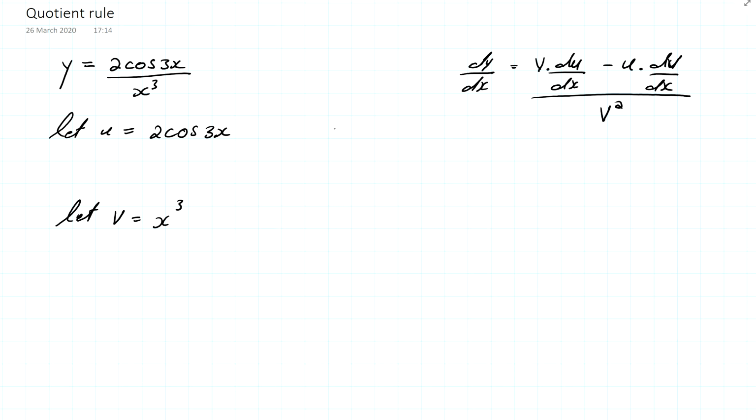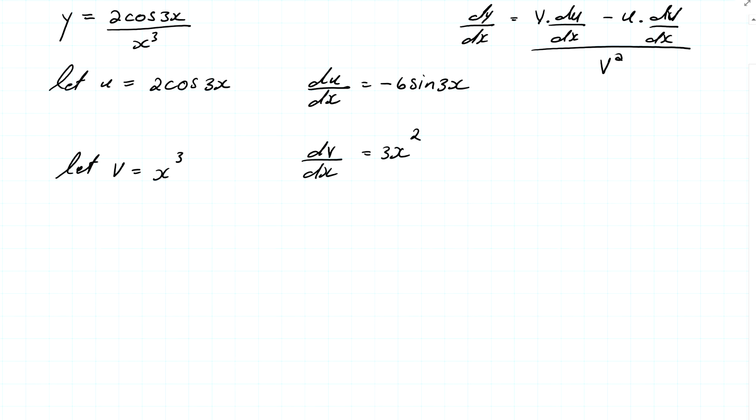And then we just take the derivative of both u and v, so we'll have du/dx is equal to minus 3 times 2 is 6 sine 3x, the angle stays the same, and dv/dx is equal to 3 goes to the front, x, deduct 1 from the power, 3x squared.